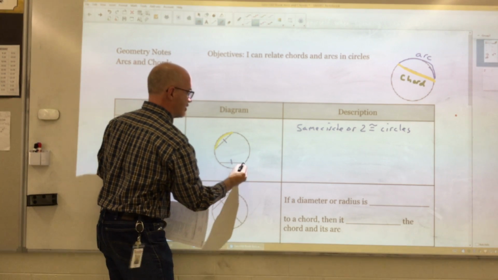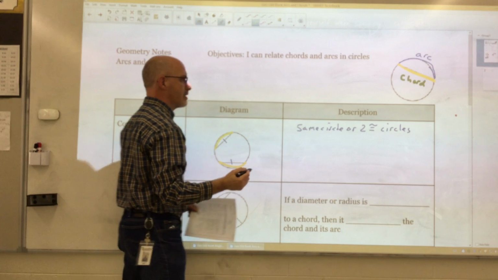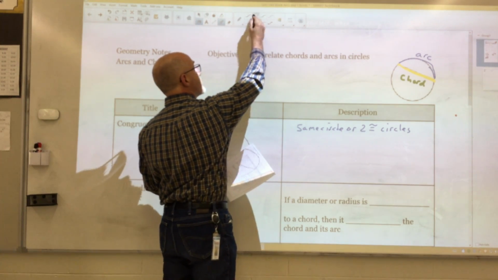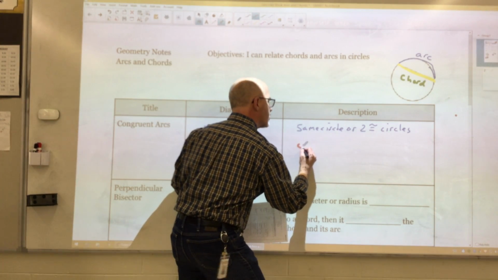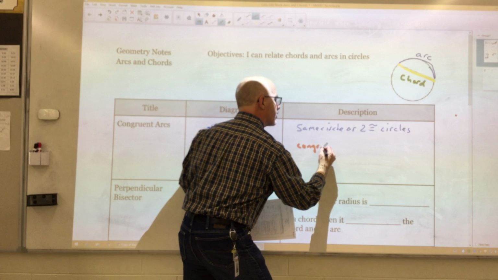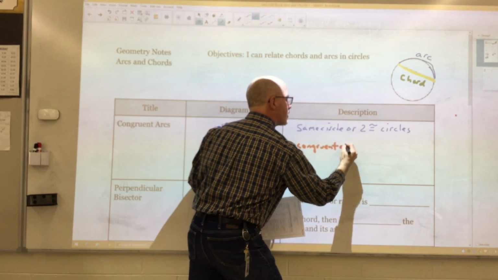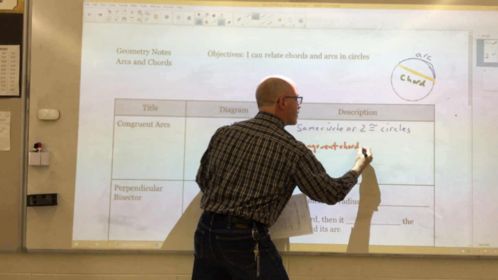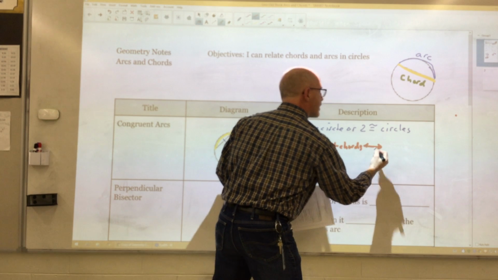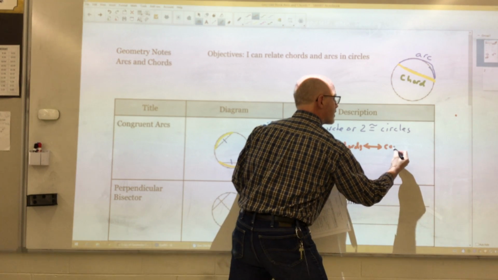Chords congruent means arcs are congruent if you're in the same or congruent circles. So congruent chords means congruent arcs.